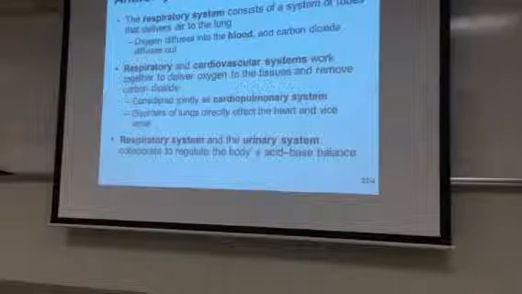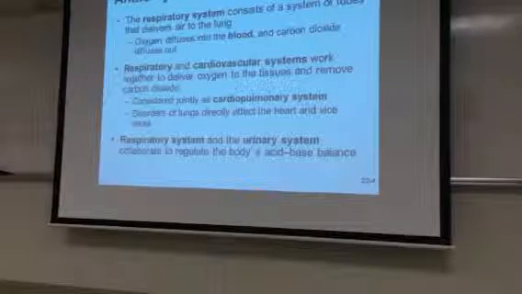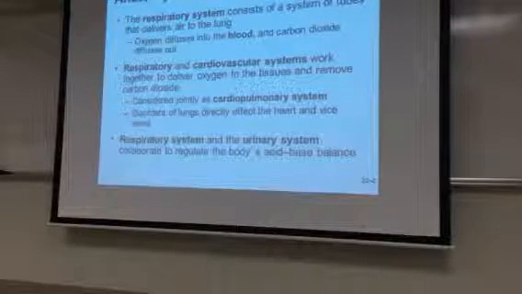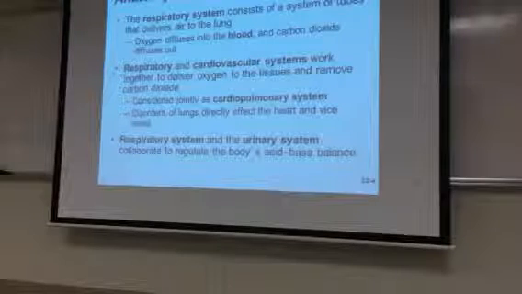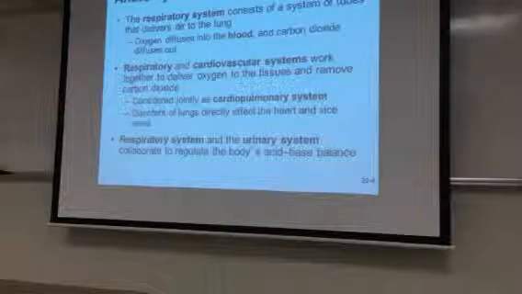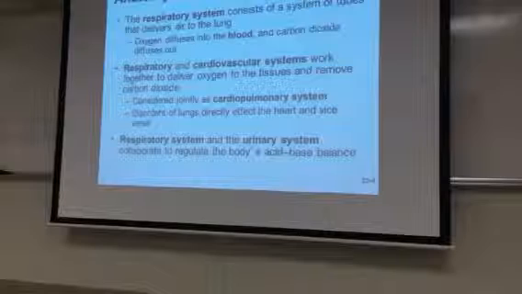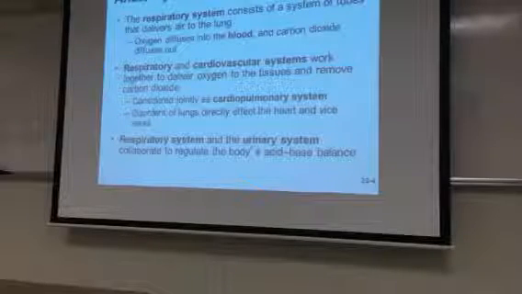Remember when we talked about the heart being centrally located, and on each side of the heart is the right and left lung, correct? Which side of the heart caters to the pulmonary system? The right side of the heart, good. Now, the left side uses what type of system? Systemic, very good.